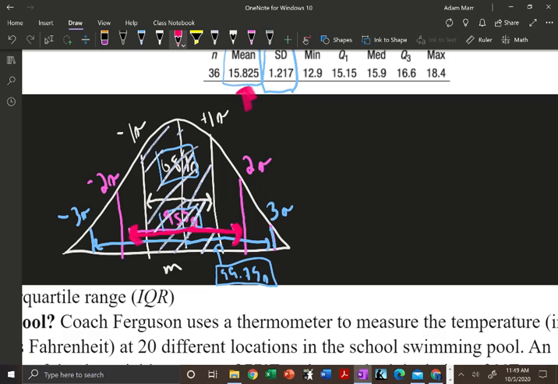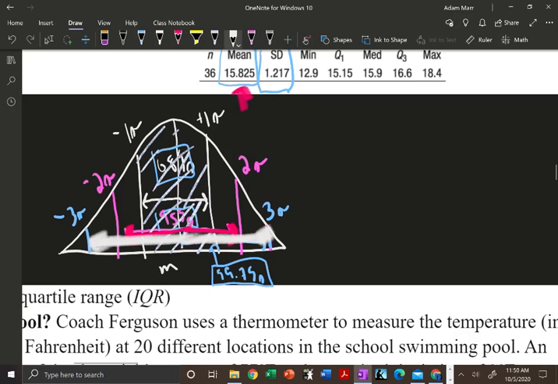And 99.7% of your data is 3 standard deviations to the right and 3 standard deviations to the left.